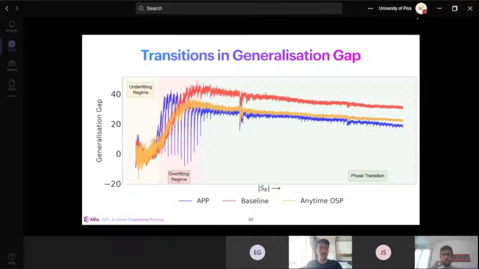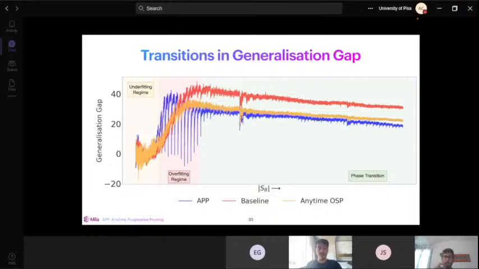Since the structure of the model has changed, you have a small dip, or in this case a significant dip, at the starting point accuracy, but it recovers quite fast, which is why you see the oscillation. However, it is quite interesting, and we probably do not have the best explanation for why the oscillation suddenly stops after the critical regime. It does not stop completely, but the magnitude of the oscillation is significantly lower than it was in the overfitting regime.